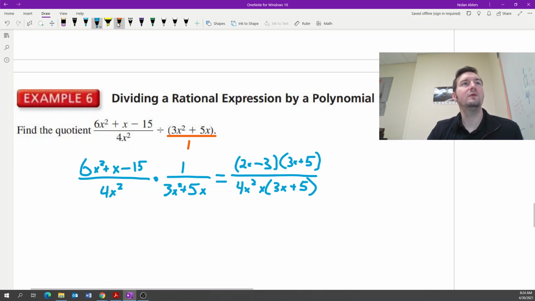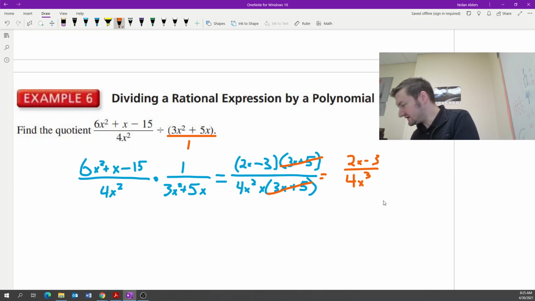All right, so what can we cancel? We can cancel the 3x plus 5. And what we'll have left is 2x minus 3 all over 4x. And it looks like that's 3 x's in all, so x cubed.